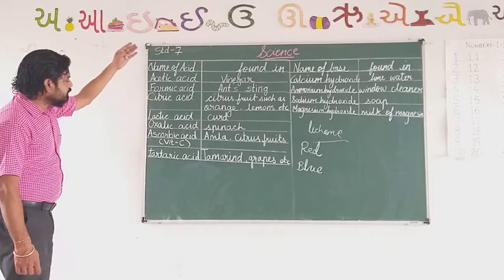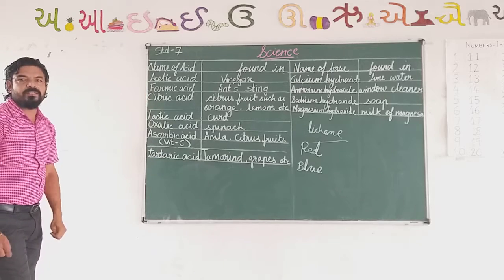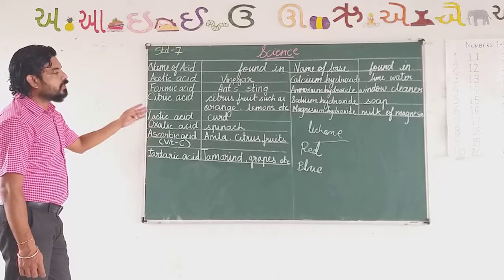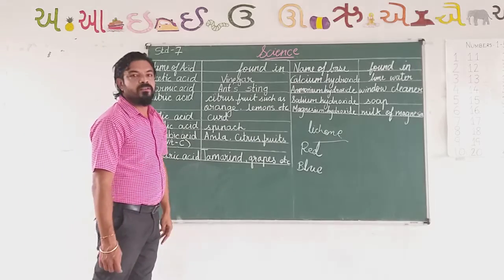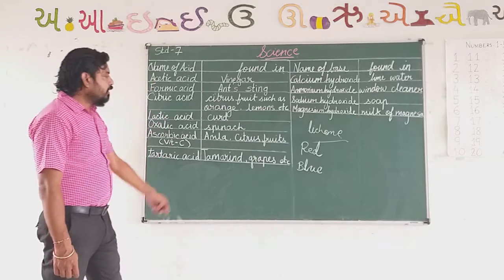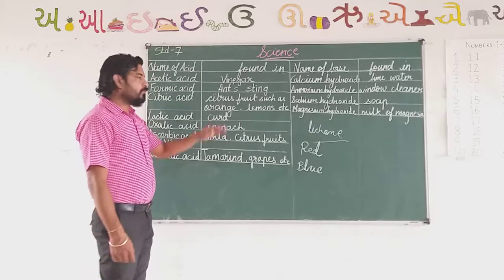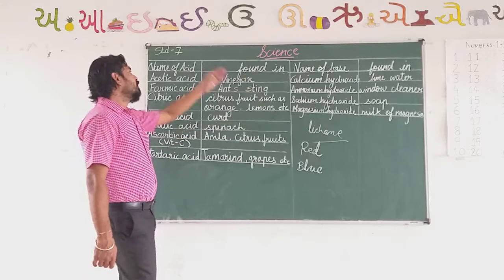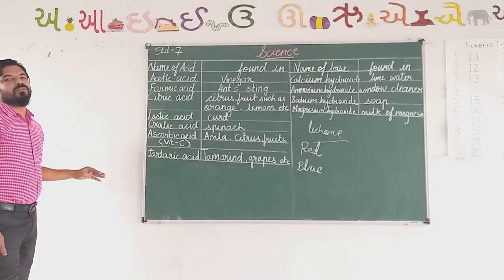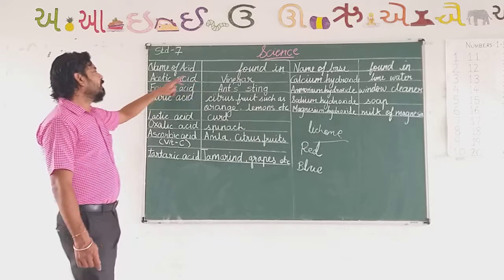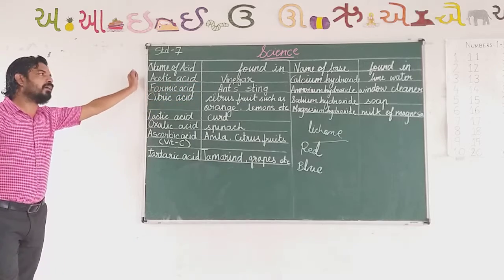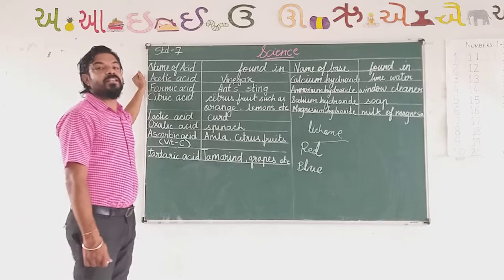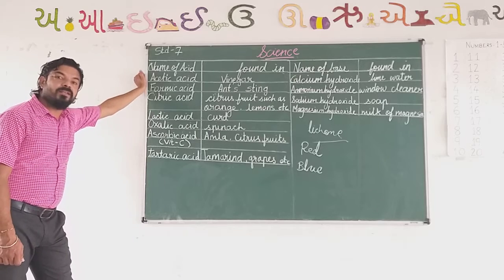The names written in the textbook on this side are the chemical names of the acids present in fruit, vinegar, curd, and these food items. So we can say vinegar contains acid. If you taste vinegar, it has a sour taste. That means it contains acid. The name of the acid is acetic acid.